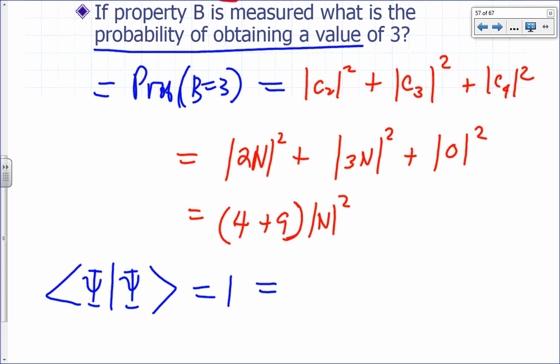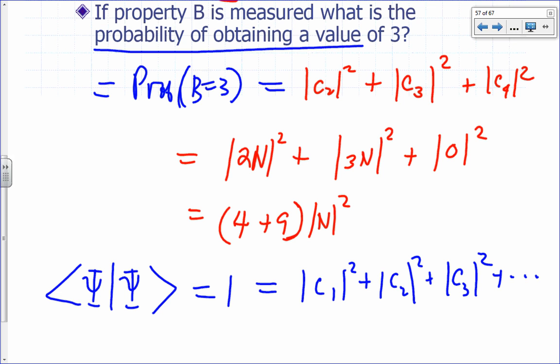It's equal to 1, and that's equal to C1 squared plus C2 squared plus C3 squared, and so on. You add up all the C squareds, that should add up to 1.